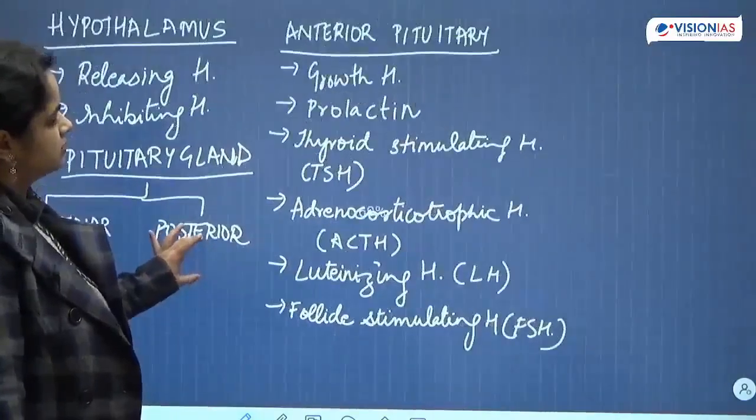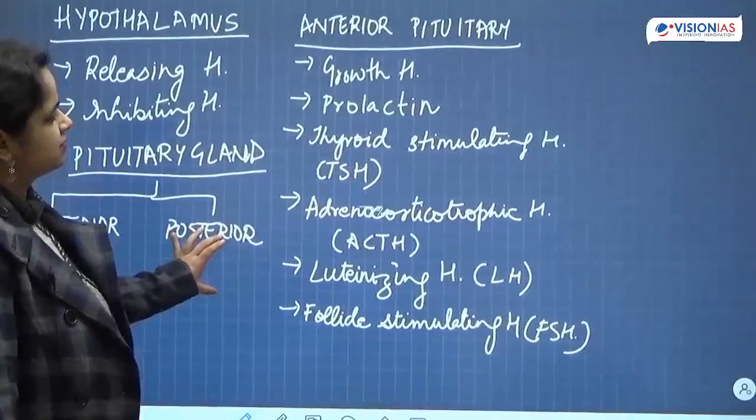So these are the 6 hormones of the anterior pituitary.